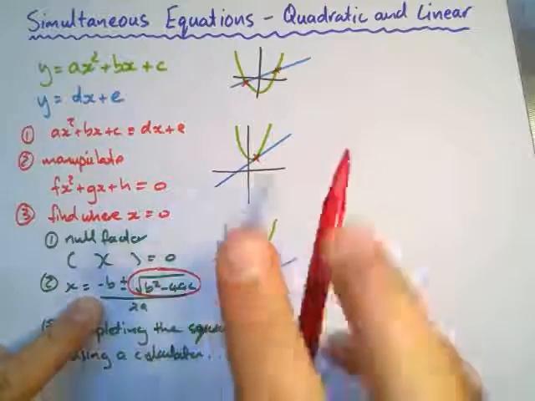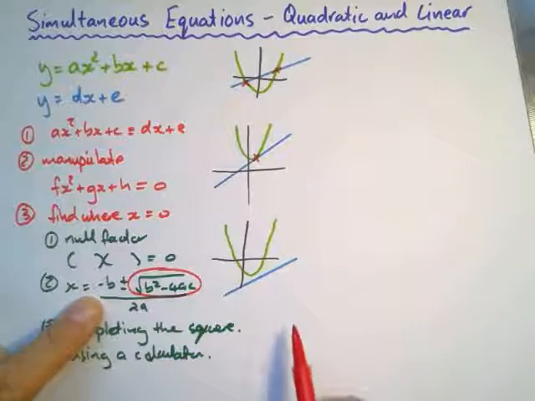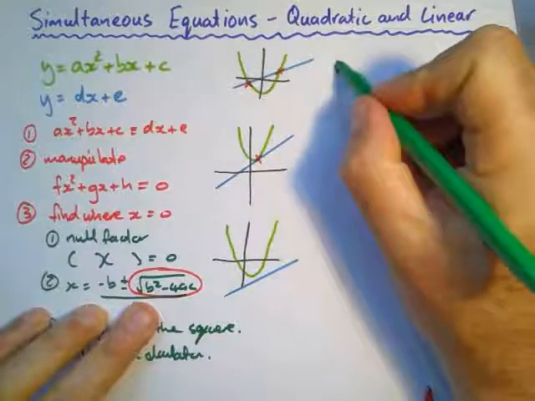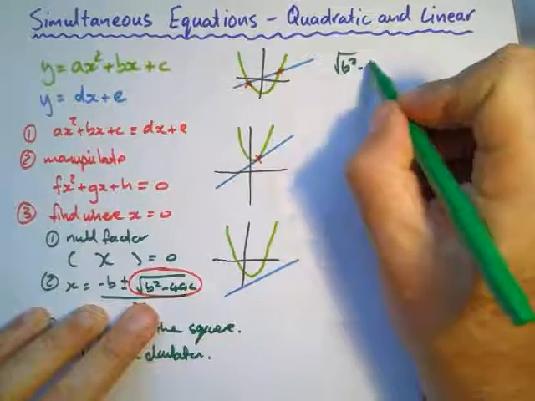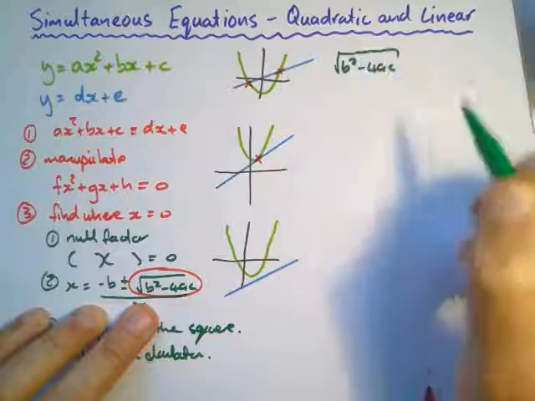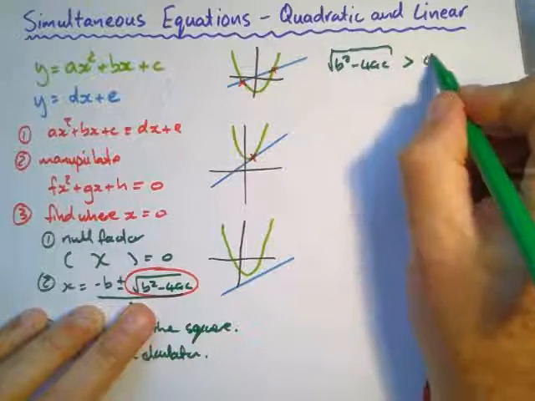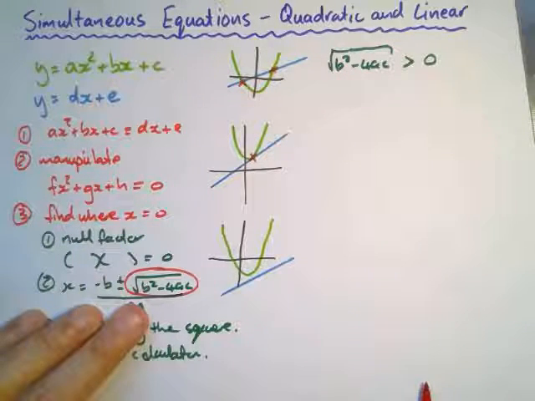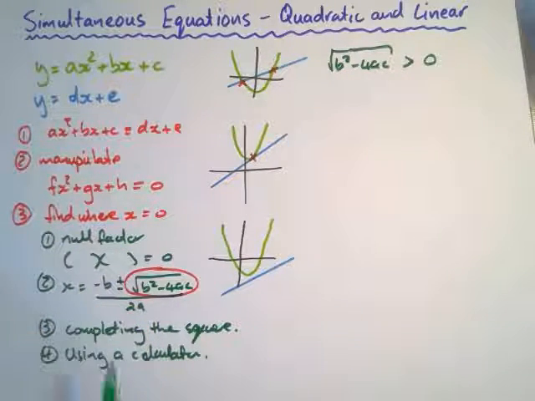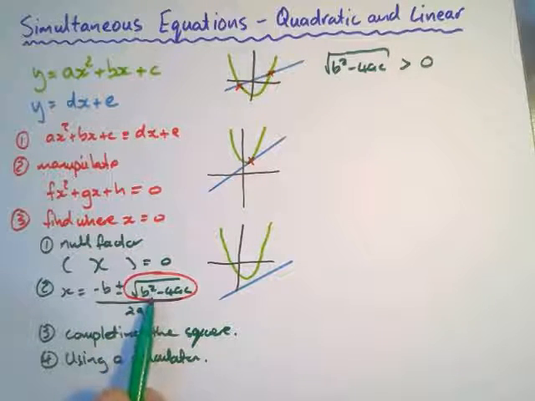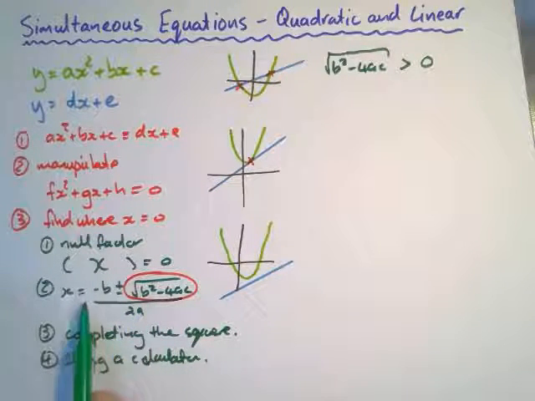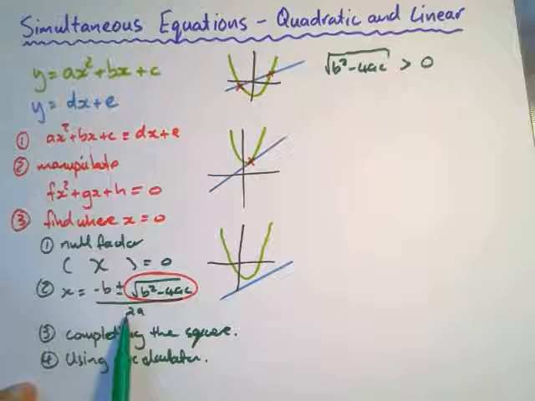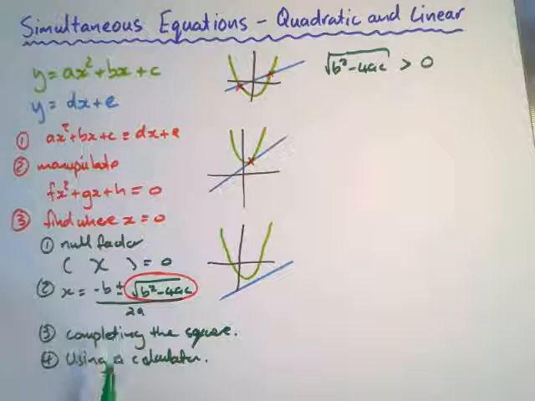If we have two answers, we have an intersection. So if my discriminant, b squared minus 4ac, is greater than 0, I will have that. What will happen if my discriminant works out to be 0? It will be minus b plus or minus 0, which is minus b, divided by 2a.